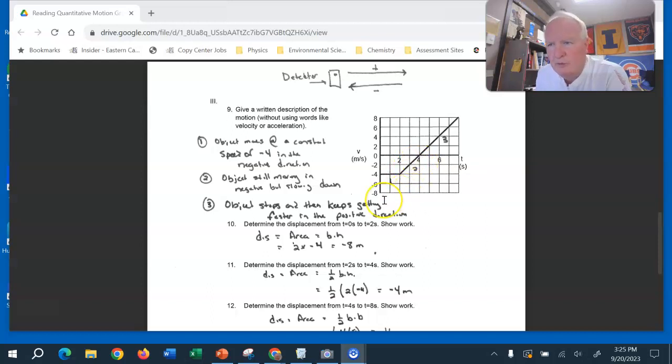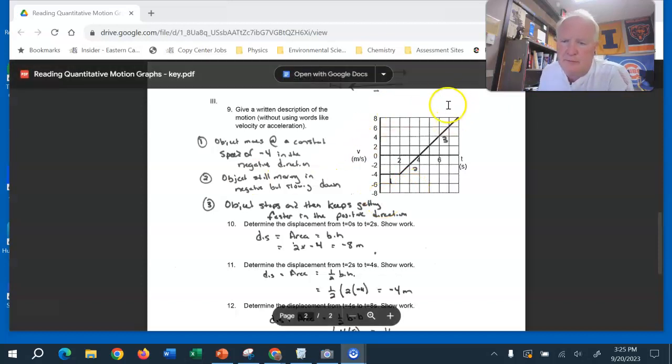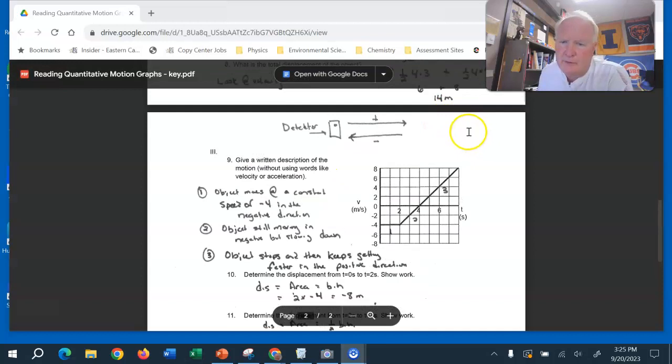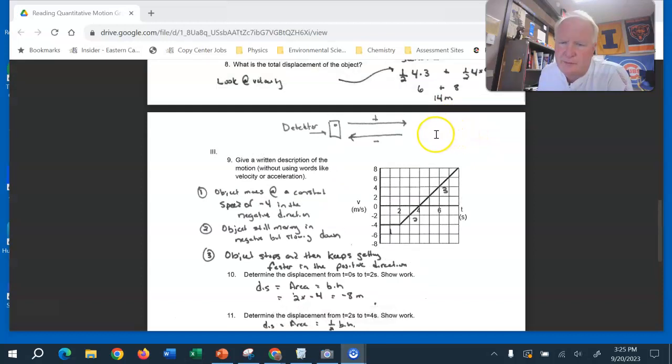When we go from 4 to 0, we must be slowing down. So we must have started all the way out here by the detector. We moved for 2 seconds at a constant speed, and now we're moving towards the detector and we're slowing down. Okay, so we want to picture ourselves right here. In that first section we move at a constant speed right here.